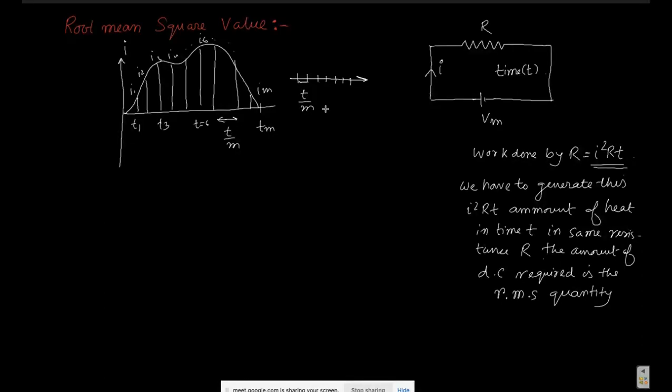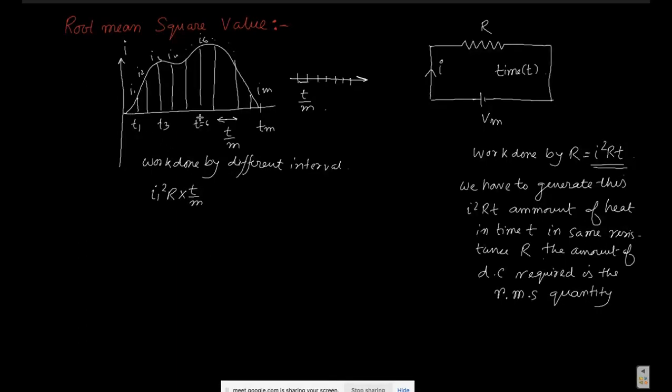So each and every part should be T by m. Okay, so what is the work done in the different intervals? The work done by the different intervals is I1 square R into T by m.